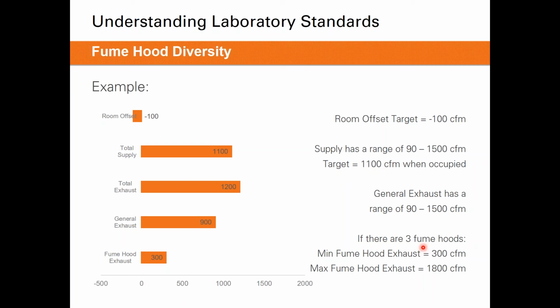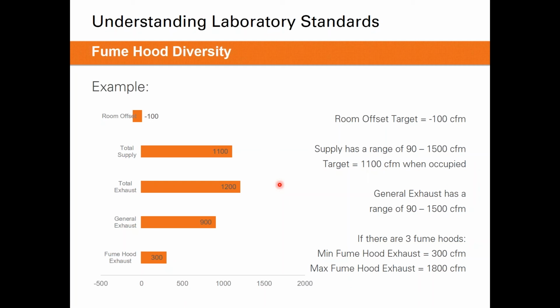So with all of our fume hoods closed here, we have 300 CFM of total fume hood exhaust. Our general exhaust controls to 900 CFM to ensure that we maintain 1200 on the total exhaust, ultimately maintaining our room offset.